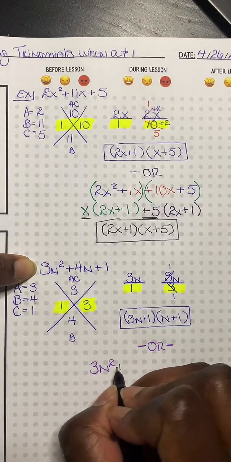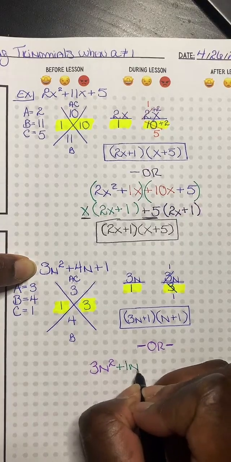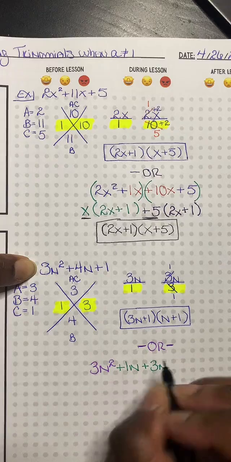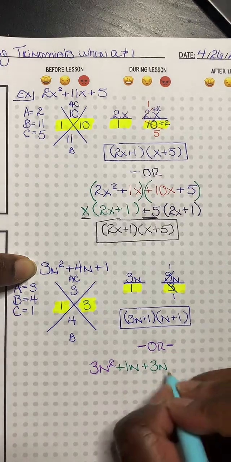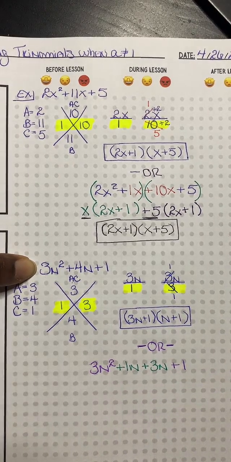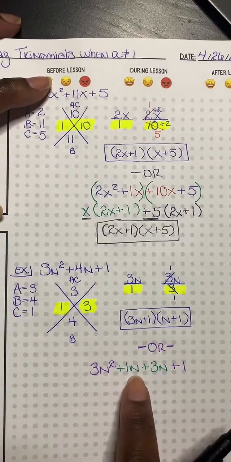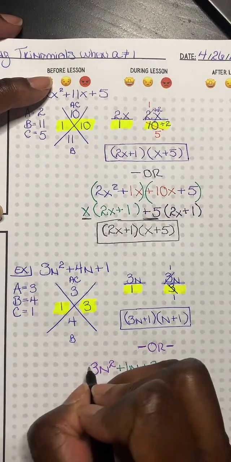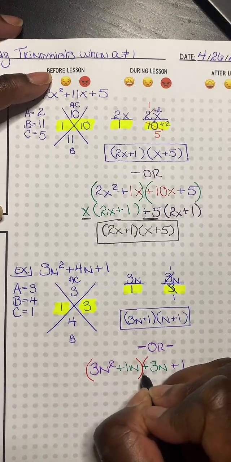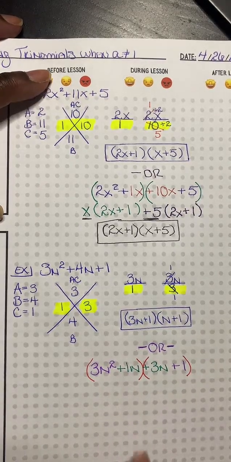So that will be plus 1n plus 3n, and then bring down that plus 1. Now that we have 4 terms, we're going to group the first two, then group the last two.